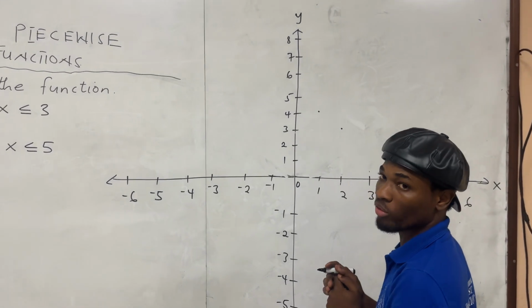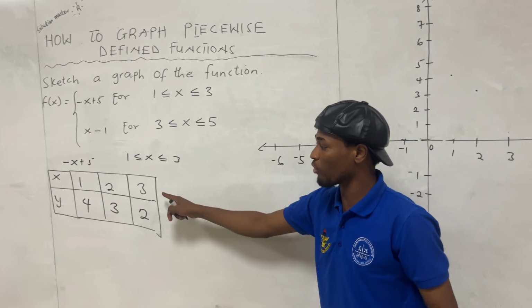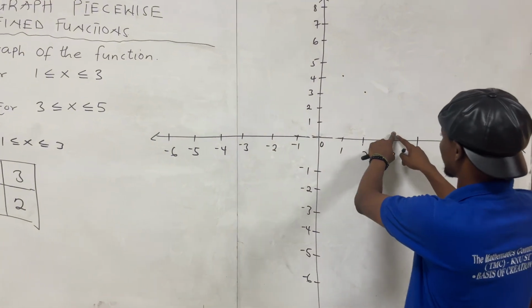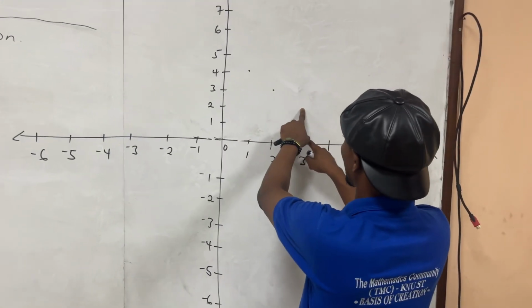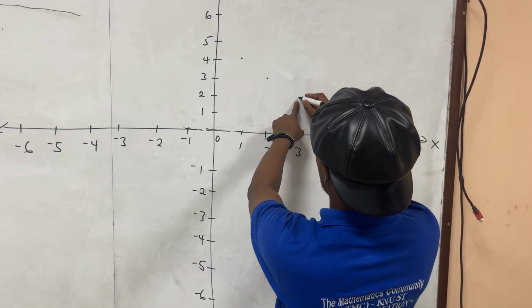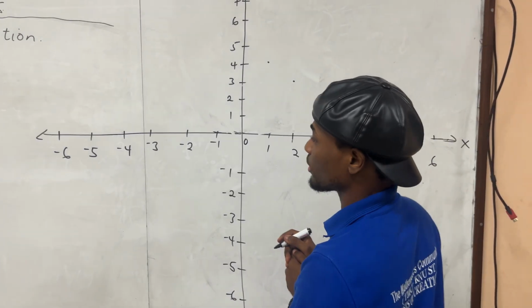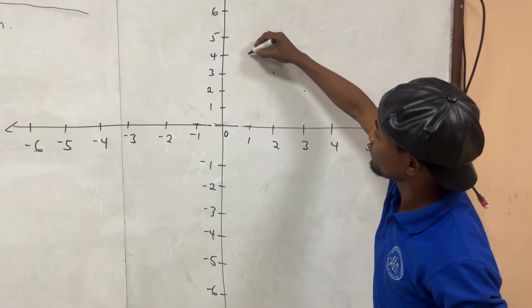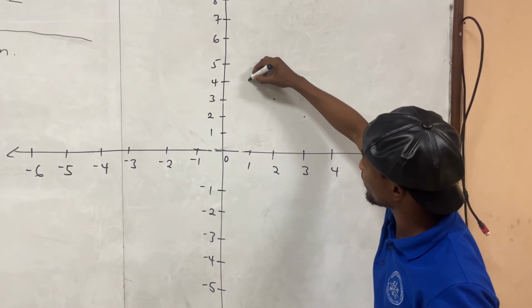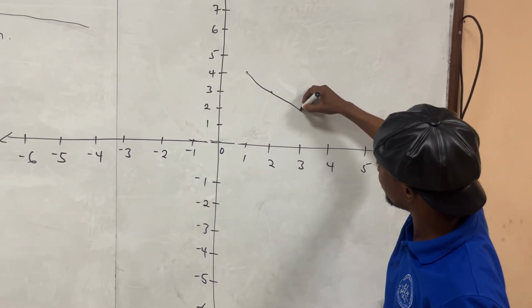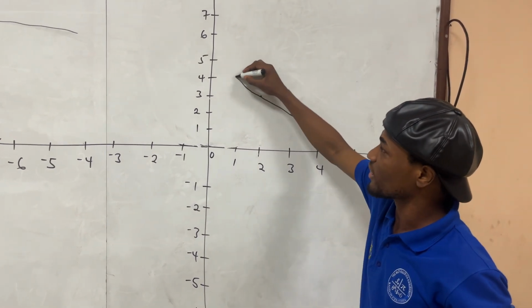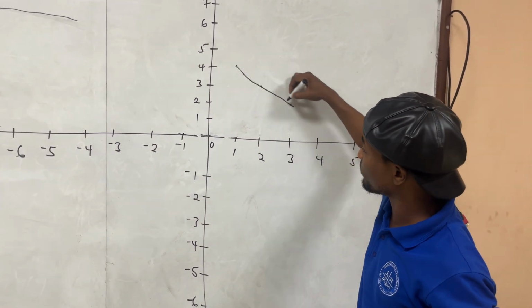Good. The graph is not drawn to scale. Viewers, I have 3, 2. So 3 here, then I have 2 here, somewhere here, like this. So I'll just draw a straight line to pass through these points. As simple as that. Okay, that's it. From here up to here.